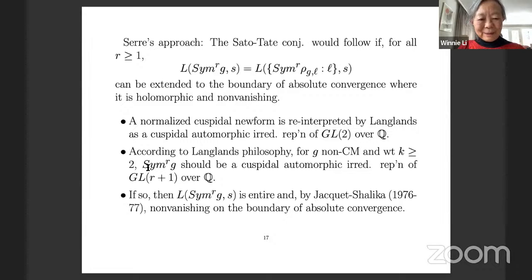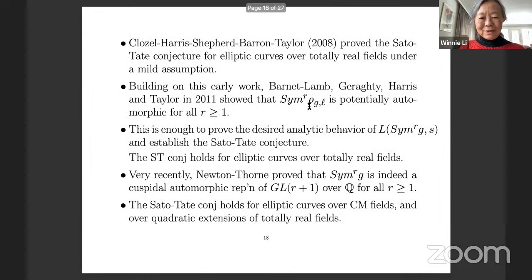If the symmetric powers are cuspidal automorphic representations, then the corresponding Galois representation is called automorphic. Okay. So they did not prove that the Galois representation of GQ is automorphic, but they proved that it is potentially automorphic. That means that restricted to a finite index subgroup of GQ, it is automorphic.